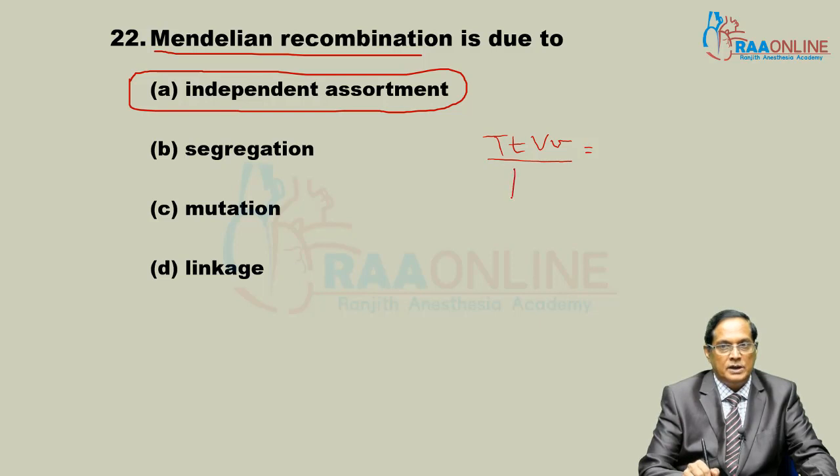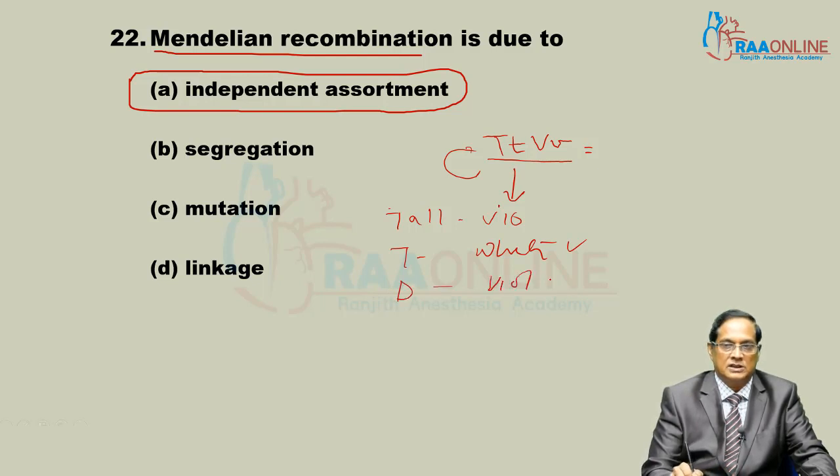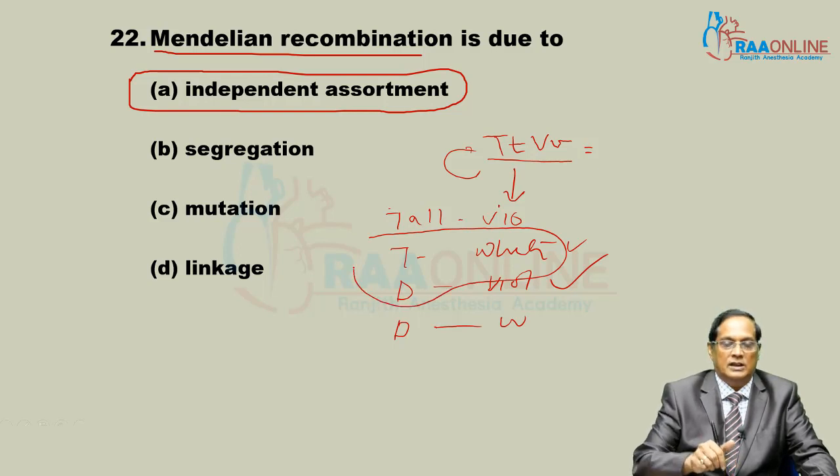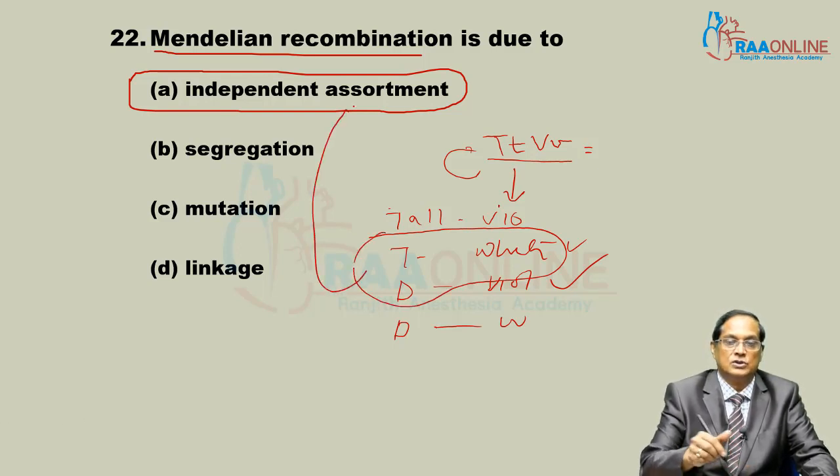But when we made the cross and selfing is done, you will see 4 phenotypes: tall and violet, tall and white flowers. This is a new combination. Then dwarf with violet. This is again a new combination. And dwarf with white. So 2 different types of new combinations are seen, and this is because of independent assortment.